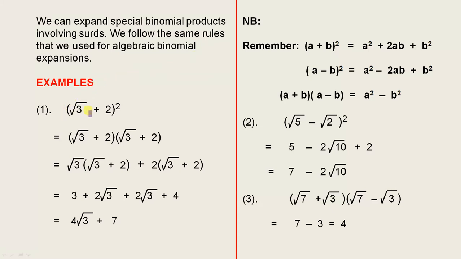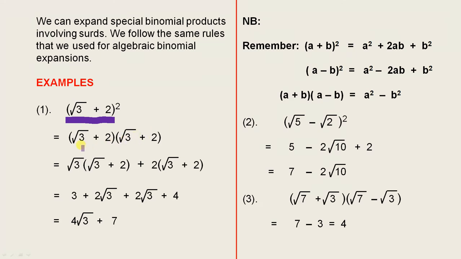Number one, if we have the square root of 3 plus 2 all squared, that just means that you multiply those together. So it's the square root of 3 plus 2 multiplied by the square root of 3 plus 2. I'm just doing this the long way before we revisit the short way.